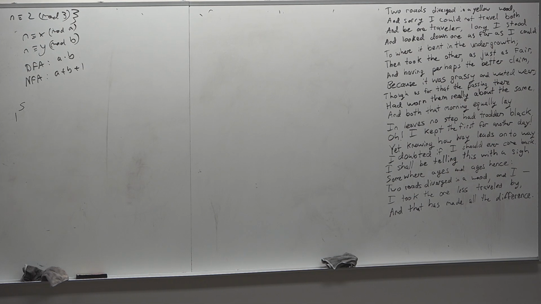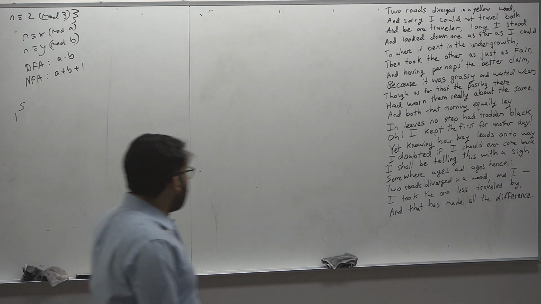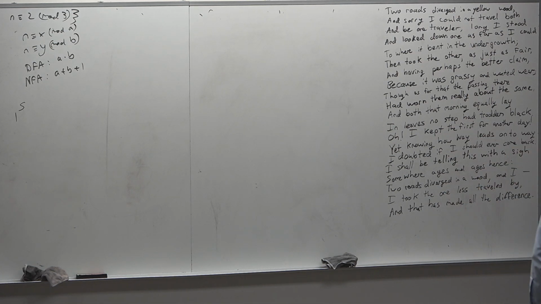One of the poems of all time, I guess you could say. Two roads diverged in a yellow wood, and sorry I could not travel both, and be one traveler, long I stood, and looked down one as far as I could, to where it bent in the undergrowth. Then took the other, just as fair, and having perhaps the better claim, because it was grassy and wanted wear, though as for that the passing there had worn them really about the same.